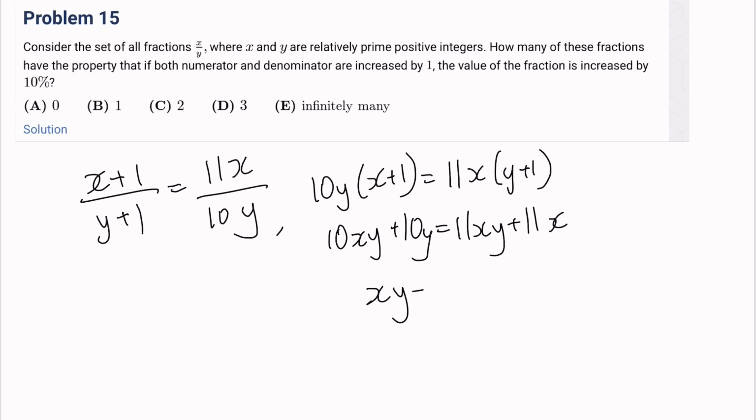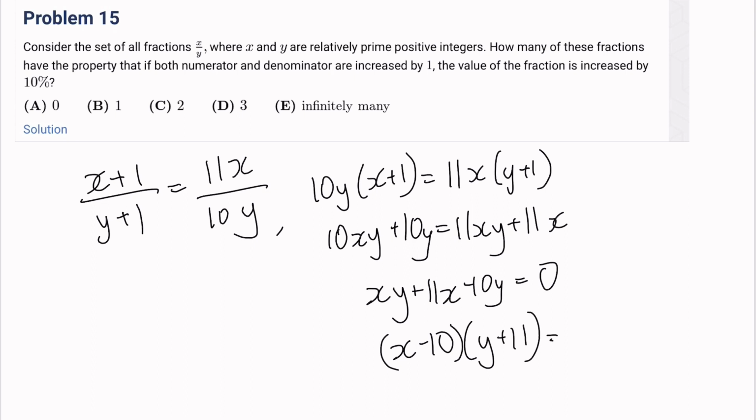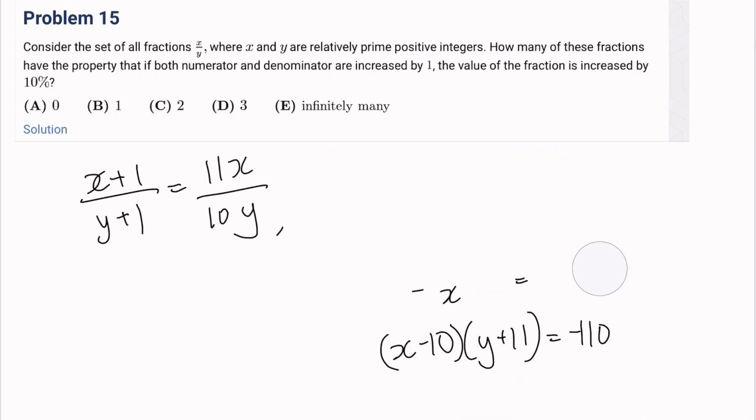So xy plus 11x minus 10y equals 0, and so x minus 10 times y plus 11 equals negative 110, right? And so yes, just to check, x times y, then minus 10y plus 11x, and that will give us negative 110.